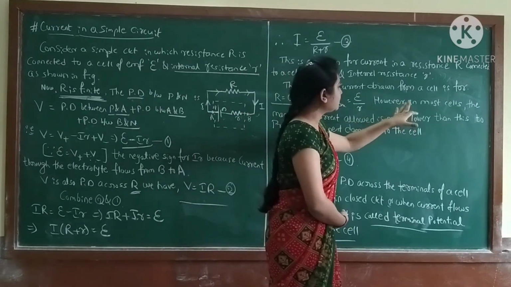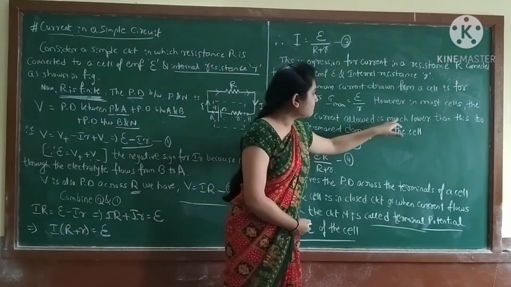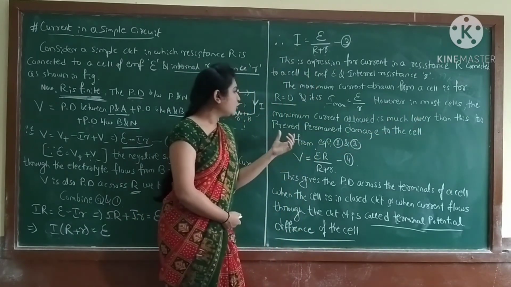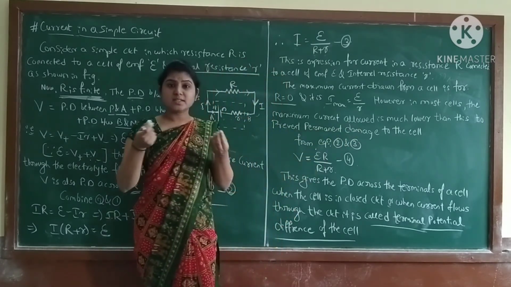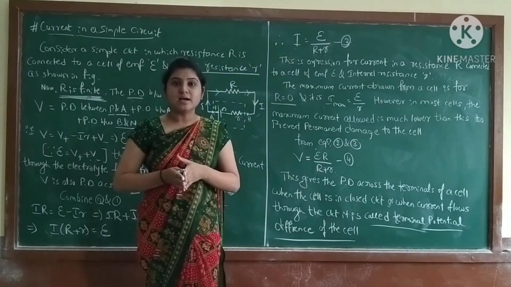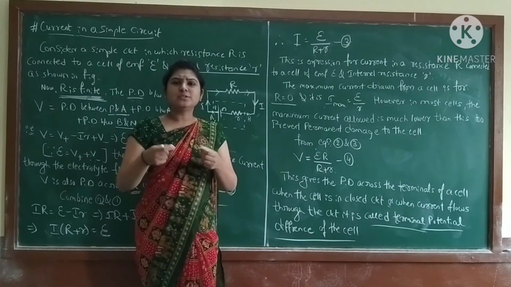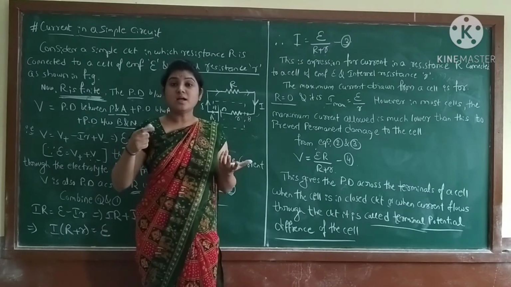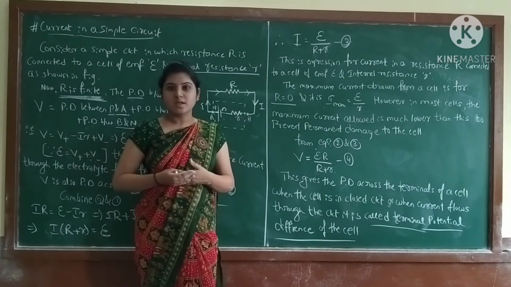However, in most cells, the maximum current allowed is much lower than this to prevent permanent damage to the cell. That means, usually when you do experiments in the practicals, what do you do? At most you will use microampere or milliampere current. Yes, not more than that. Yes or no?